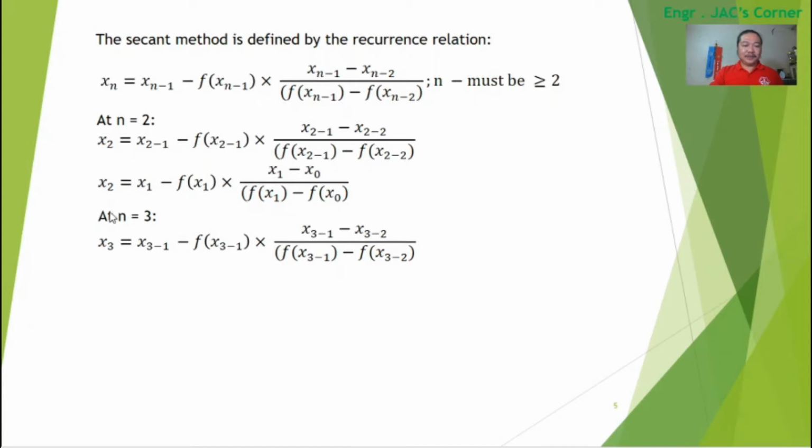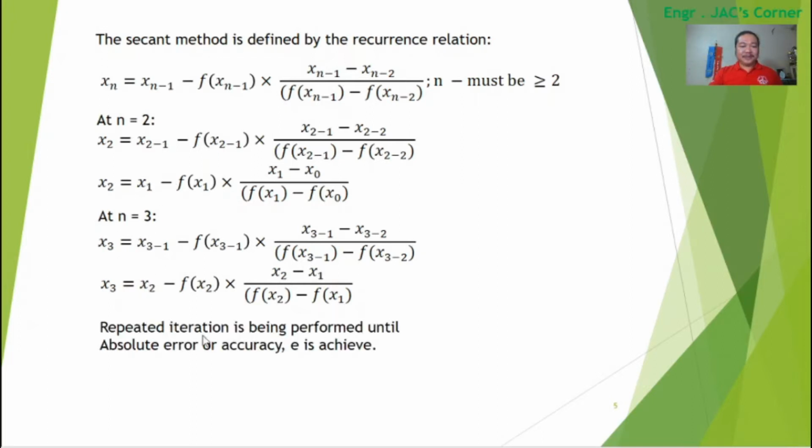At n equal to 3, we substitute 3 in this equation and we arrive at this new equation. The x sub 2 of the previous equation will be transferred here and the x sub 1 will also be transferred here. Repeated iteration is performed until the absolute error or the accuracy E is achieved.